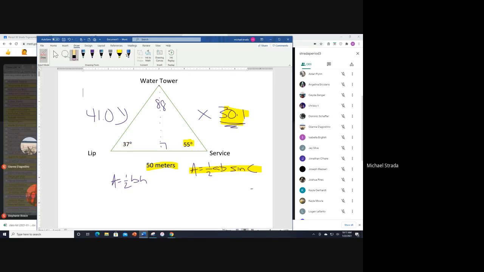So area equals 1/2. And you can pick any of the sides. It's not going to matter which. Area equals 1/2, 30.1, 50, sine of 55. All right, so now I'm going to do that computation. So 30.1 times 50 times sine 55. And to incorporate the 1/2, I'm going to divide by 2. And area comes out to be approximately 616.4.